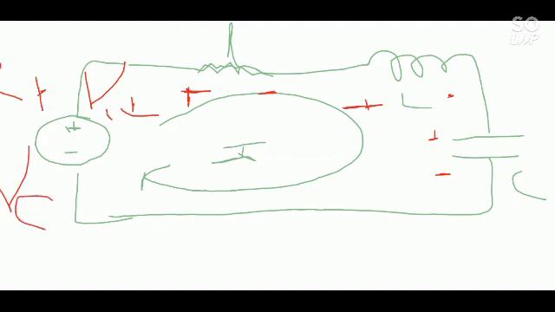But if we consider this voltage source V here, in this circuit the current is going from negative to positive, so we will represent this as minus V. So how will the equation be written?